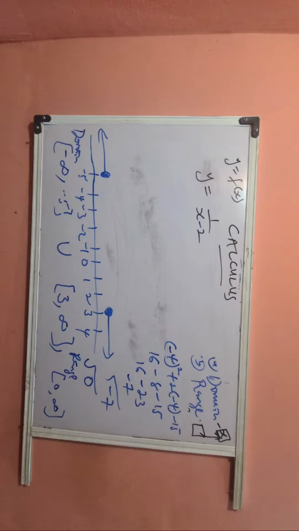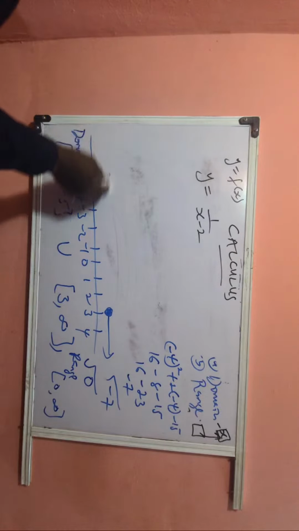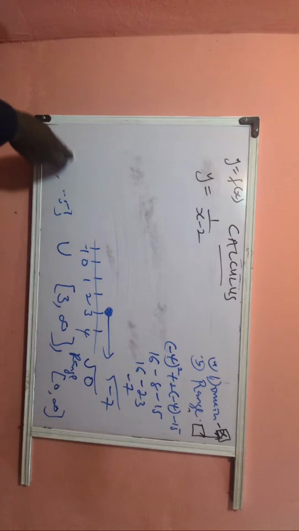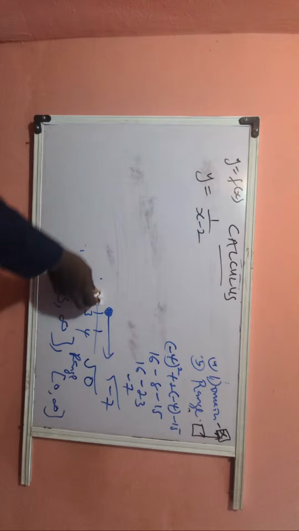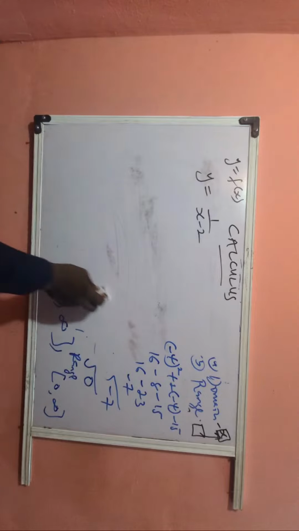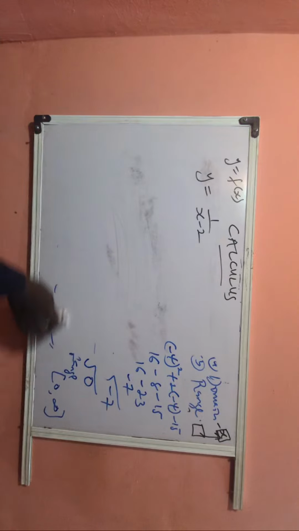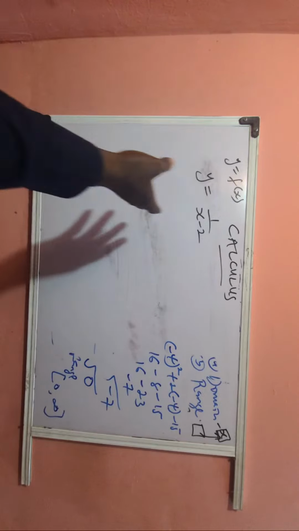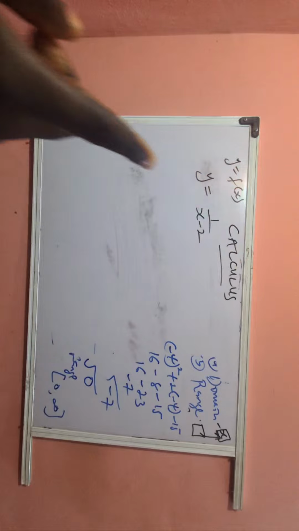By now, I believe you should be very versatile in solving the domain of any given function. The domain is obviously going to be the possibilities of your x in this particular equation. Looking at this equation, for this function to be valid, it can carry on several things, but there is one thing it must not carry.